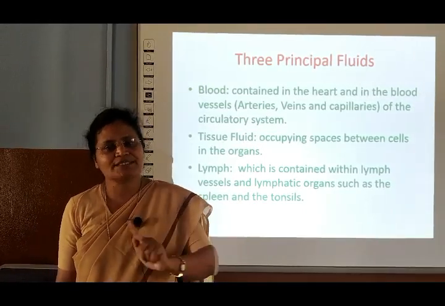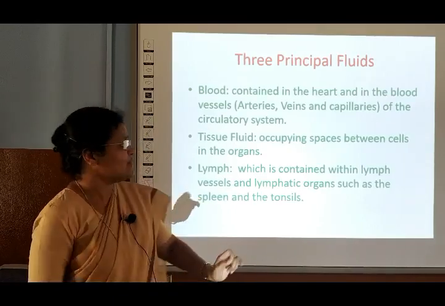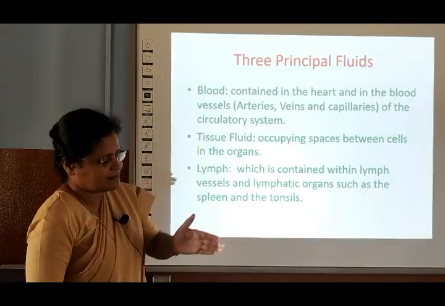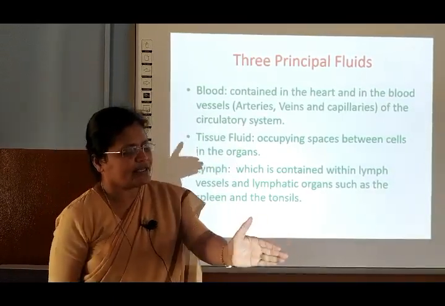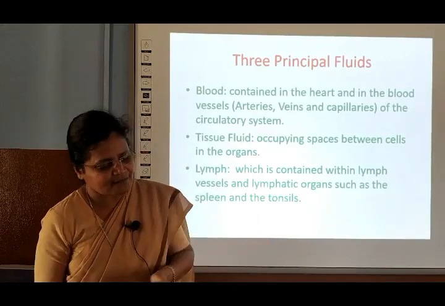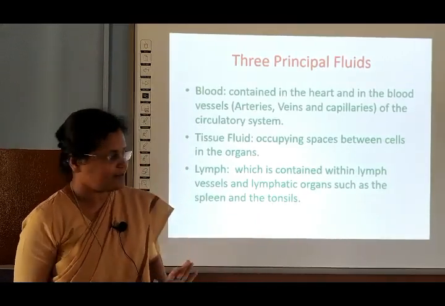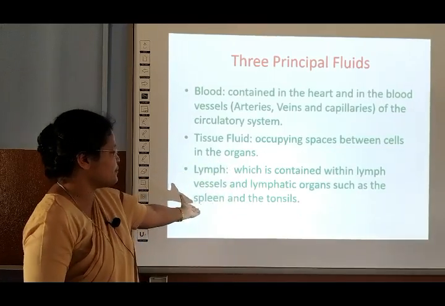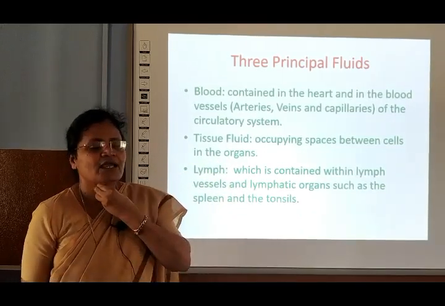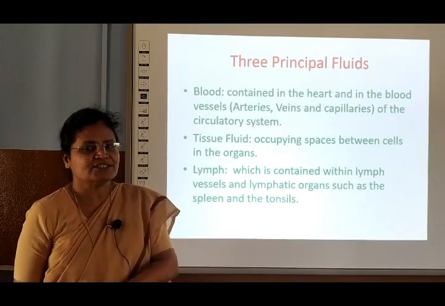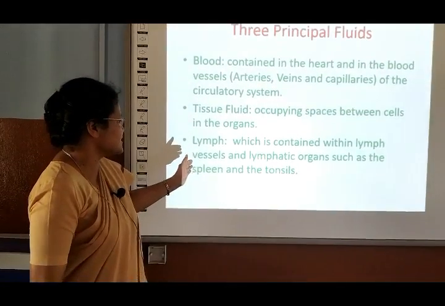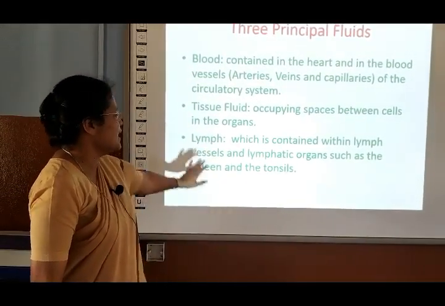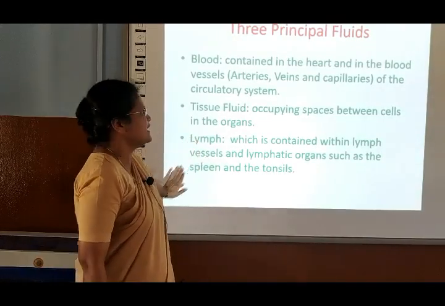There is no vessel just like your blood vessel. Wherever lymph is flowing, it forms a pathway, and that pathway is known as lymphatic vessels or lymph vessels, and the organs are your spleen and tonsils. Your tonsil and your spleen, present just below the stomach, are examples of lymphatic organs. I will explain in detail later.